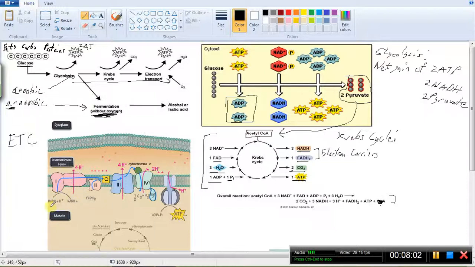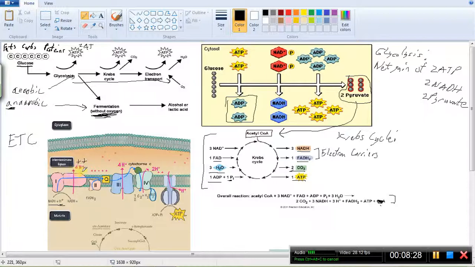So we start here, notice NADH releases the H, and some electrons go into this protein here, and they get transported. Those electrons are carrying energy, and some of that energy is used to pump protons across the membrane here, right?